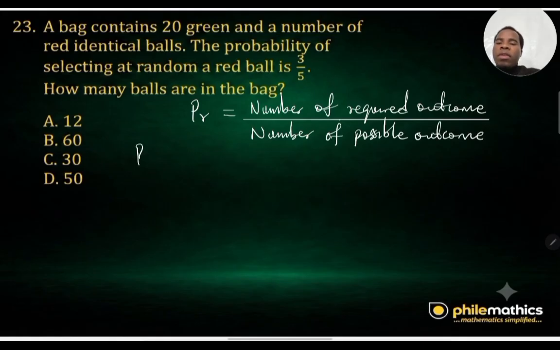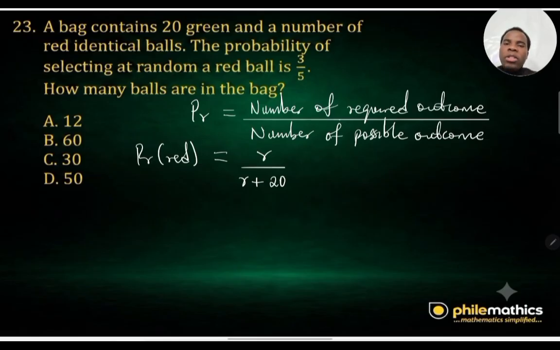For probability of red balls, it will simply be the number of red balls that we have over the total number of balls that's inside the bag. We don't know the number of red balls. Let's call it R. So it will be R over the number of balls inside the bag. Red ball plus the green ball, which is 20.